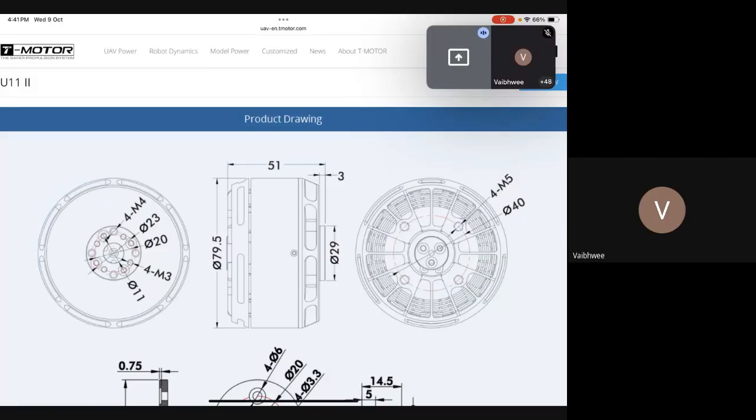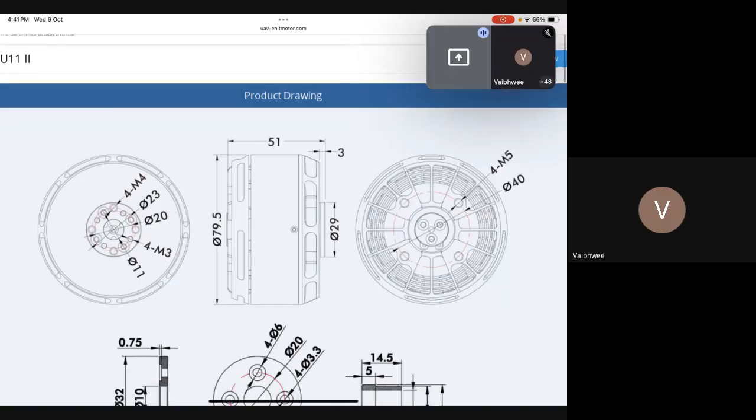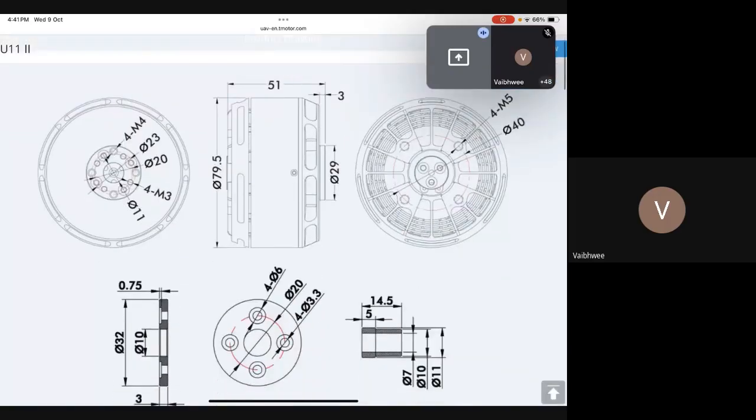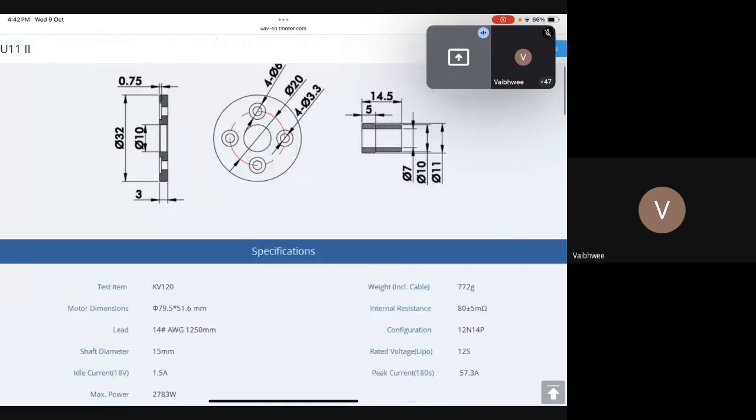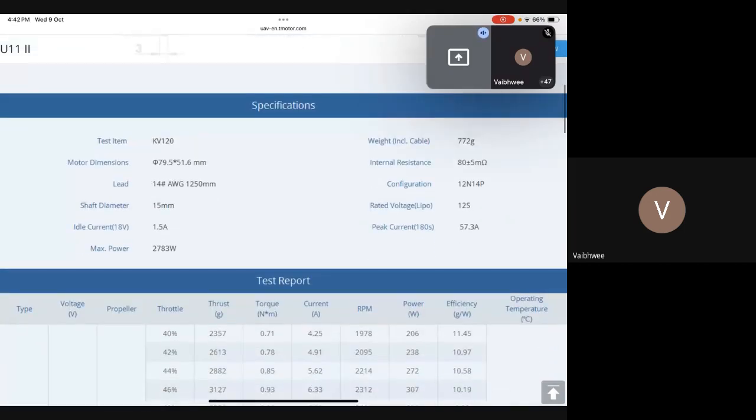It is a Chinese company though. This is a U11 version 2 motor. You would see the CAD drawing, which tells you everything about the mounting points of the motor. This is important when you custom make your own frames. And when you choose the motor, this is something that you want to look at.